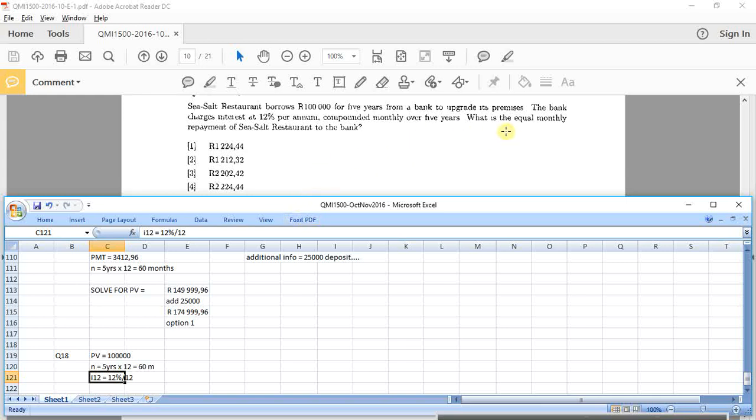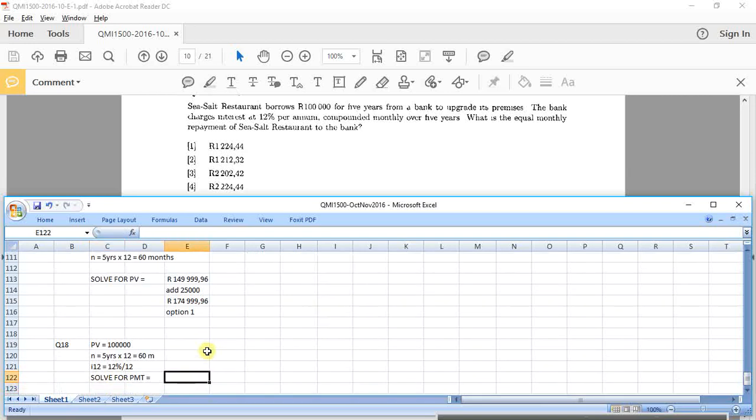What is the equal monthly repayment to the bank? So solve for PMT. PMT, rate 0.12 divided by 12, N 60, PV 100,000. There's the answer: 2224.44, option 4.